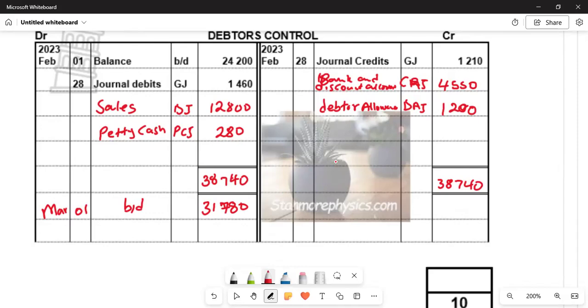So our balance carried down here will be the balance carried down, which is 31,780, on the 31st. And we can just write balance c/d. So here you can say balance, then you say it's carried down.